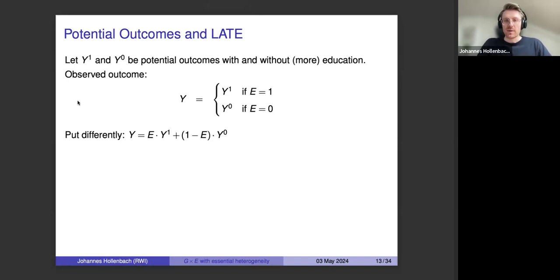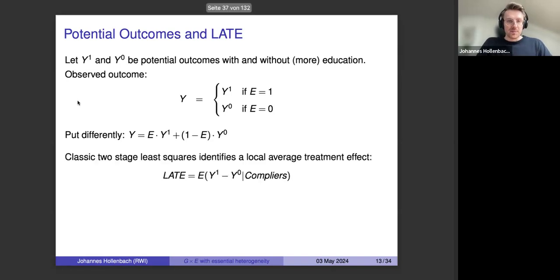Now, the big problem is that for each individual, you can only observe one of these, because you're either leaving school at age 15 or later, or leaving school at 14 or earlier. And classic two-stage least squares computes the local average treatment effect, in this case, as the expected value of Y1 minus Y0 for compliers.